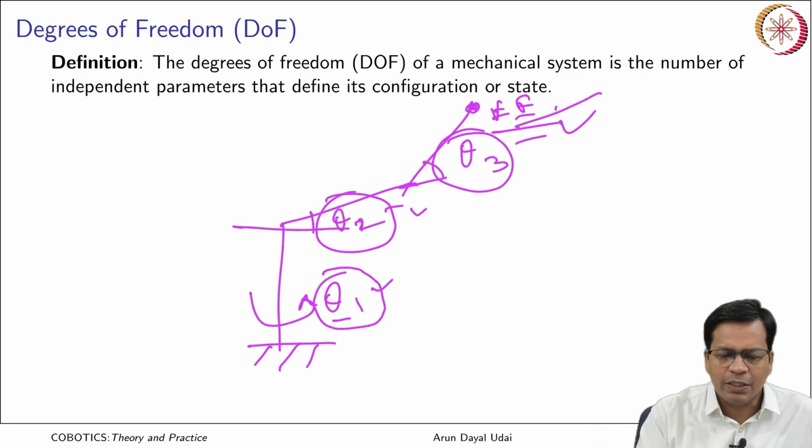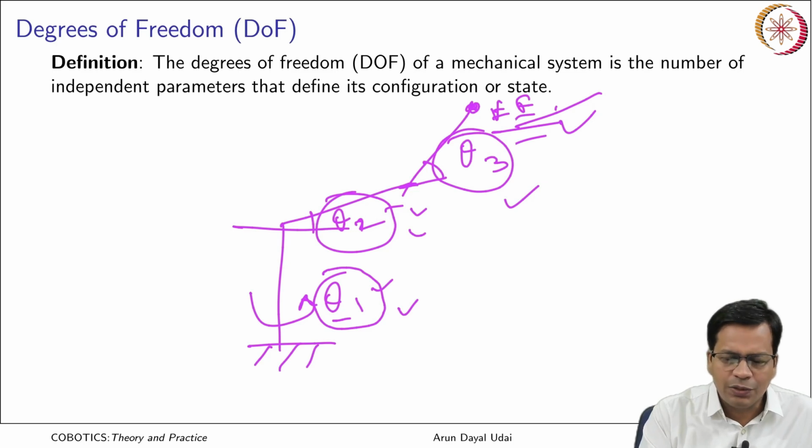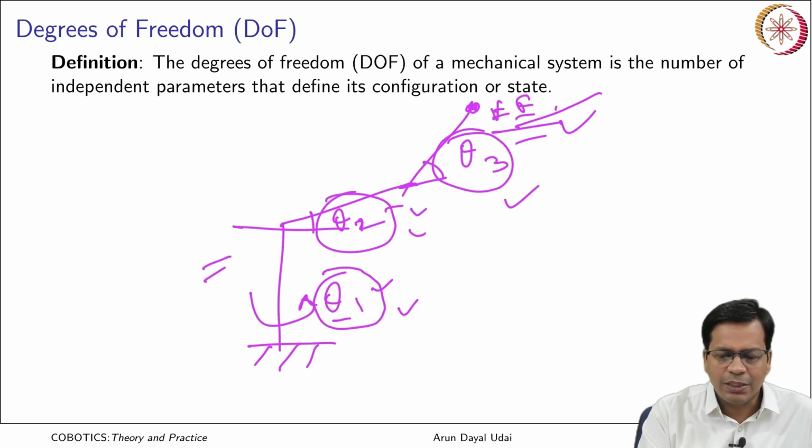Complete information about its state is given by the 3 input states of its joint angles. So this robot will have 3 degrees of freedom. This is just an example using a robot; for any mechanism, parallel, serial or any kind of machine, it is the same.